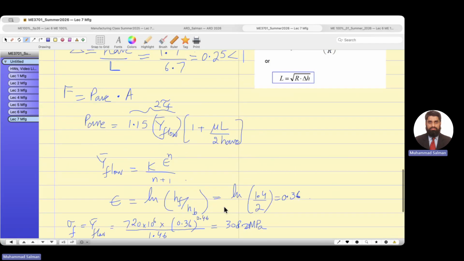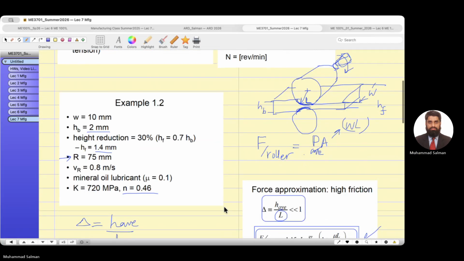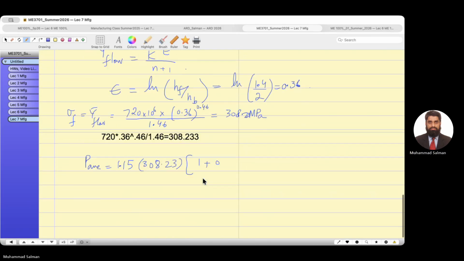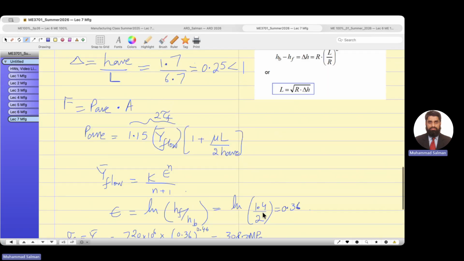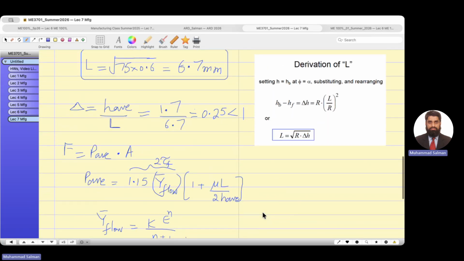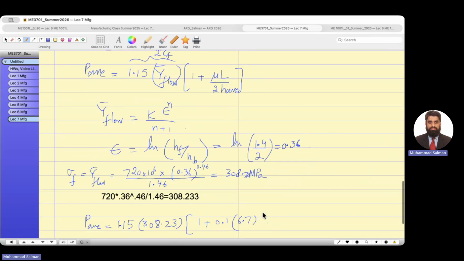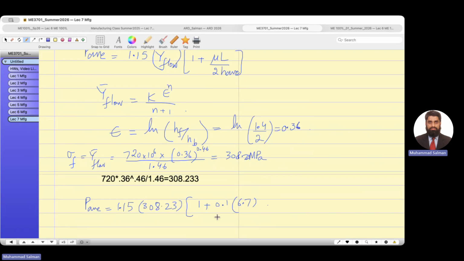How much is the coefficient of friction? 0.1. Okay, 0.1 times the L. L is how much? 6.7, right? L divided by 2 times average.